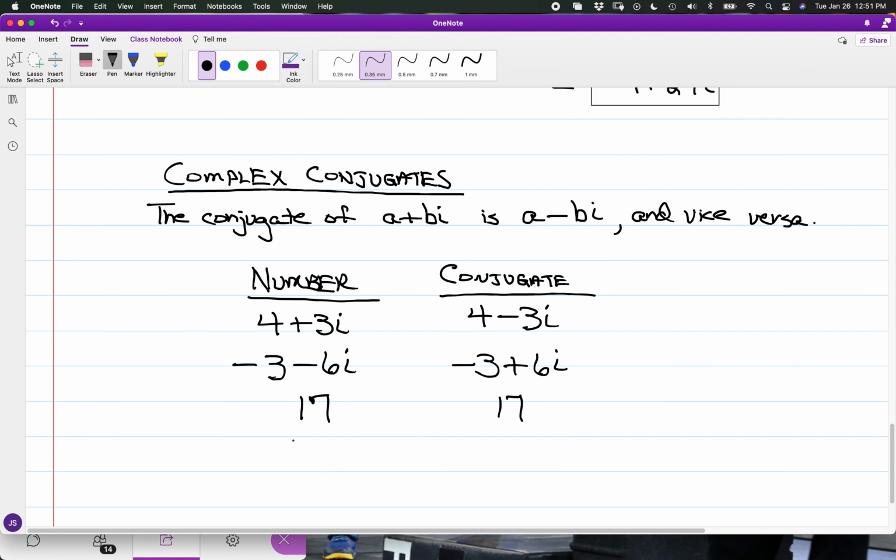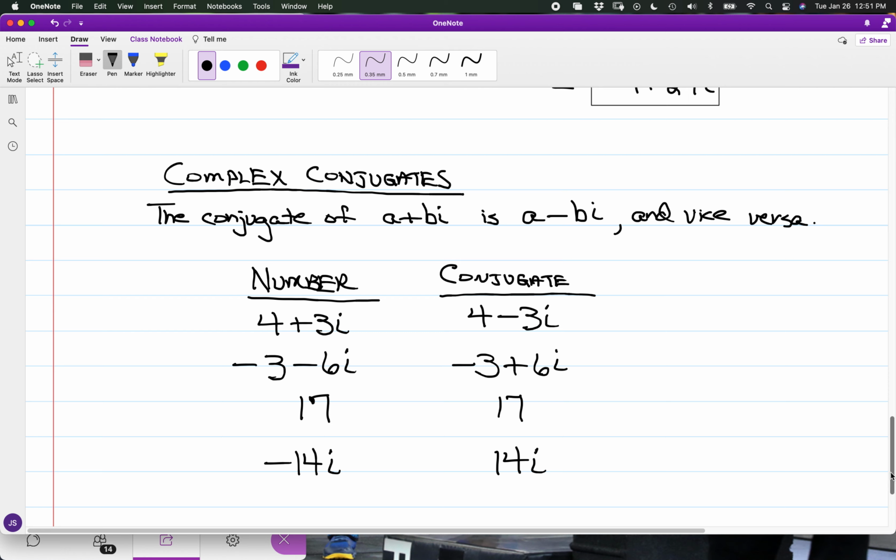And if I have negative 14i, the conjugate of that, you have the i term, and the conjugate is just going to be the opposite sign, positive 14i. So going from numbers to their conjugates, if i is not alongside, the numbers stay the same, like 4, negative 3, as well as 17. But if i is alongside, we change the signs, like 3i, negative 6i, positive 6i, and last negative and positive 14i.